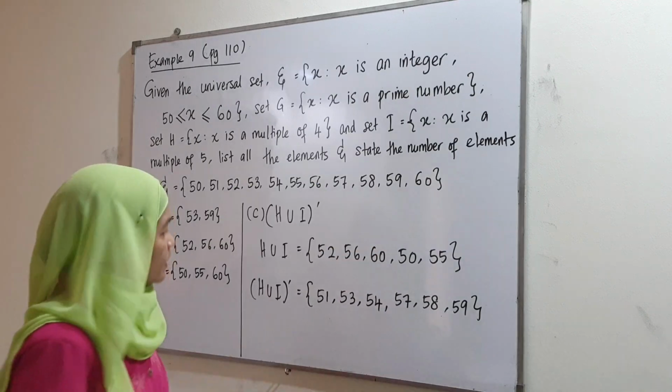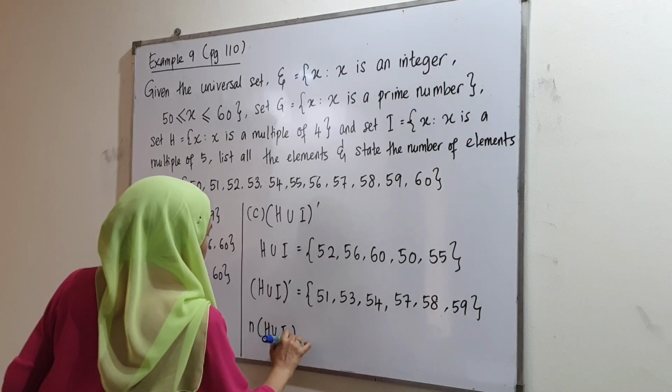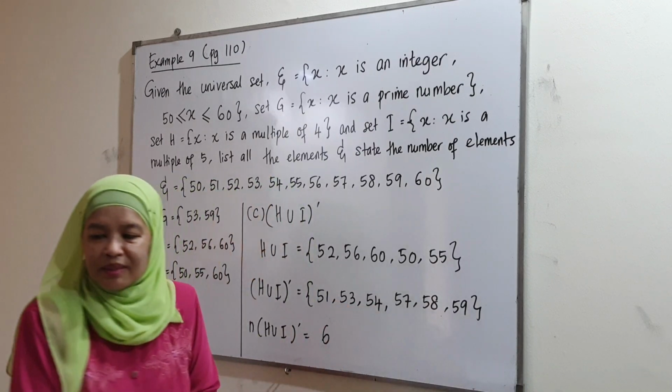And 60 have. So the number of elements in (H union I) complement equals 6. This is the answer.